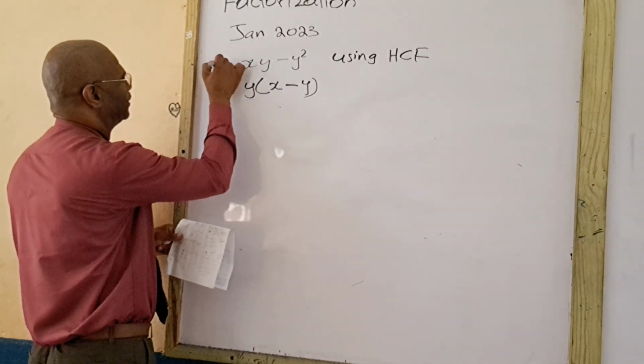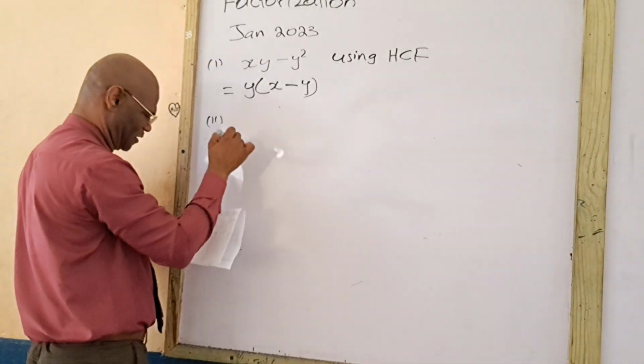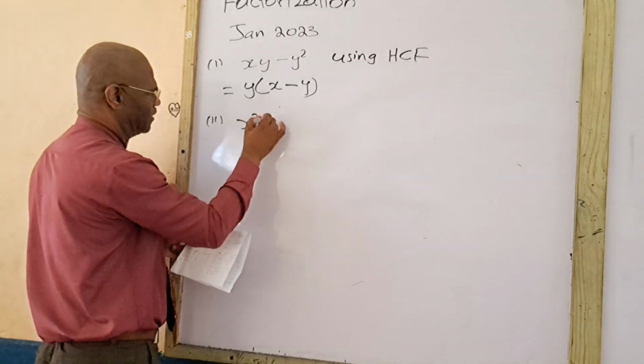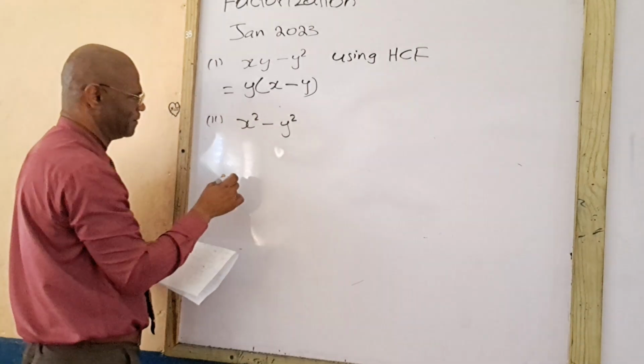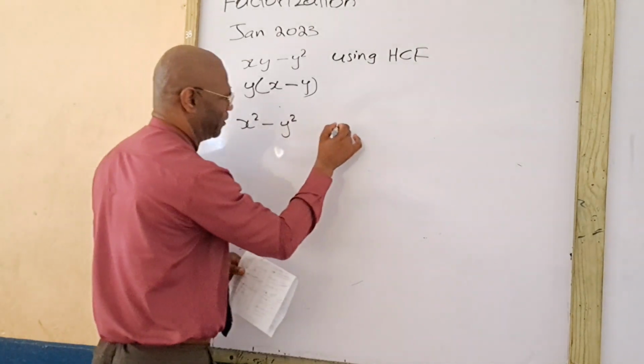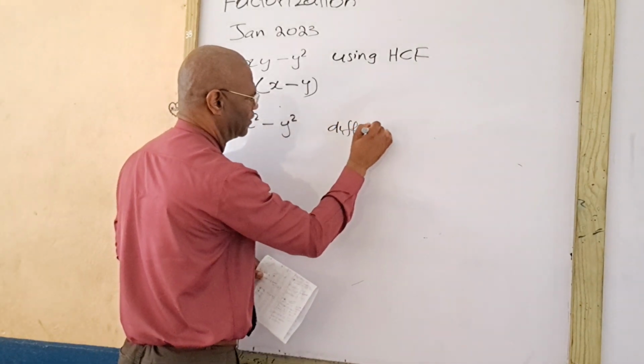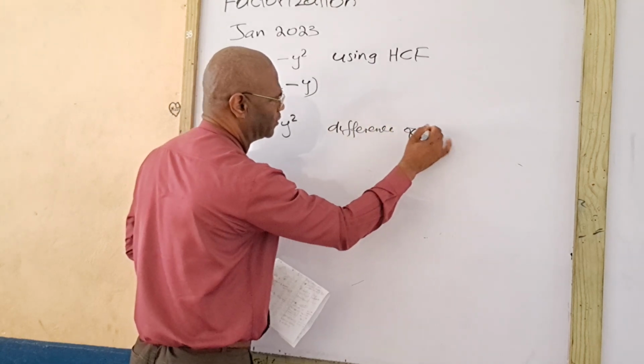Second one, x squared minus y squared. That's January 2023. This is a difference of squares.